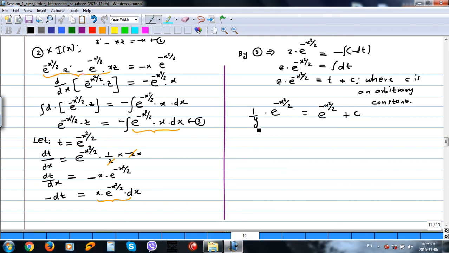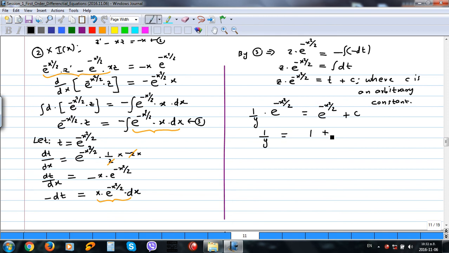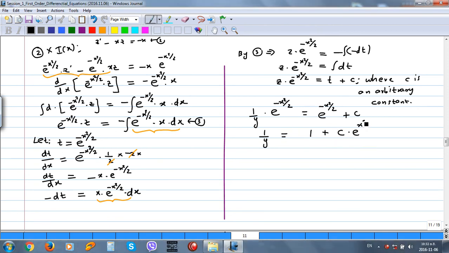To do this I am dividing both sides by e to the power minus x squared over 2, then here remaining only 1 over y equals 1 plus c times e to the power x squared over 2, with the positive index. Then y equals 1 over 1 plus c e to the power x squared over 2. This is the answer.